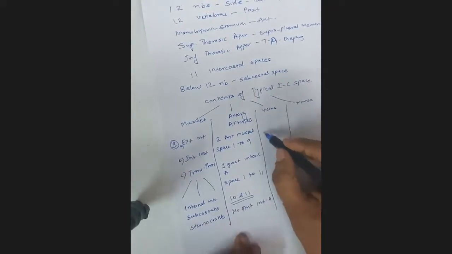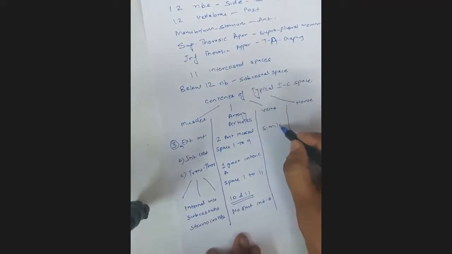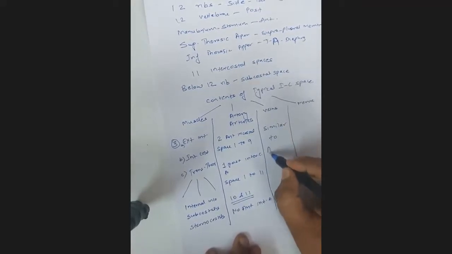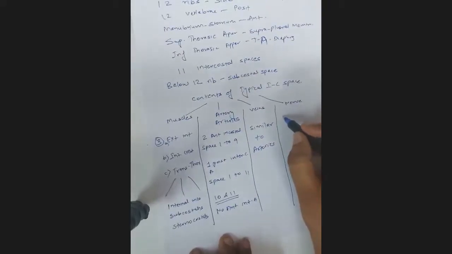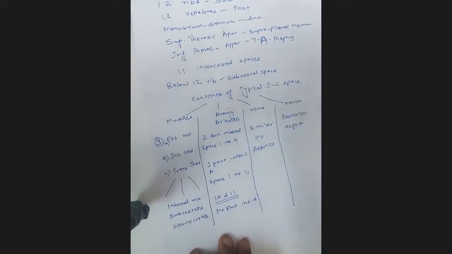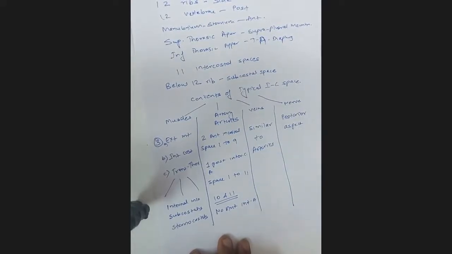Veins have a similar pattern to the arteries. The nerves come from the posterior aspect, and they are nothing but the spinal nerves.